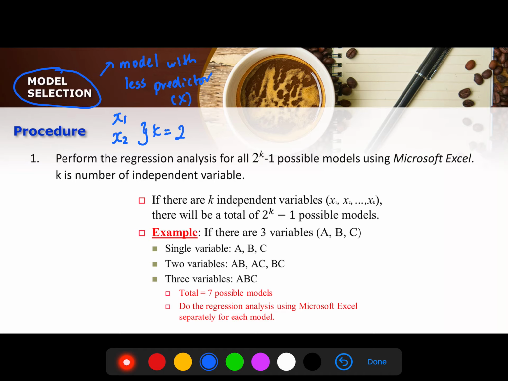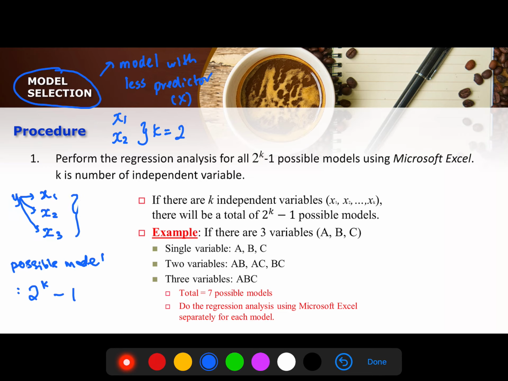So it's actually like this. You have one y and three independent variables, x1, x2 and x3. Y depends on x1, x2 and x3. So how many possible models can you have? The equation is 2 to the power of k minus 1.